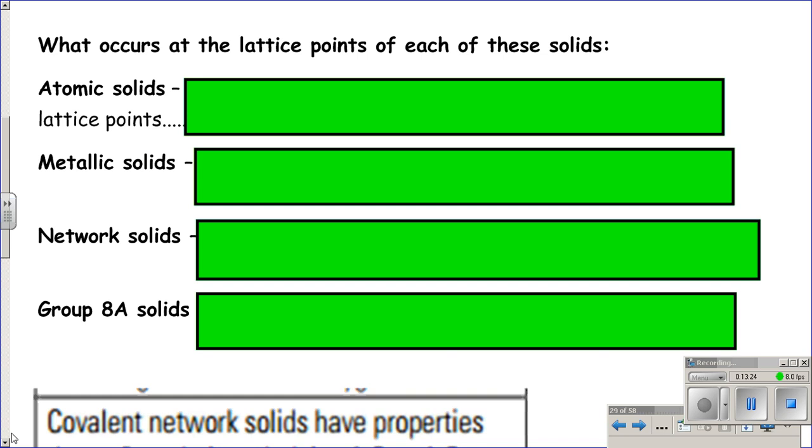What's at the lattice point of an atomic solid? An atom. So give me an example of an atom for an atomic solid. Anybody? Diatomic would be molecular. Diatomic is a molecule, right?